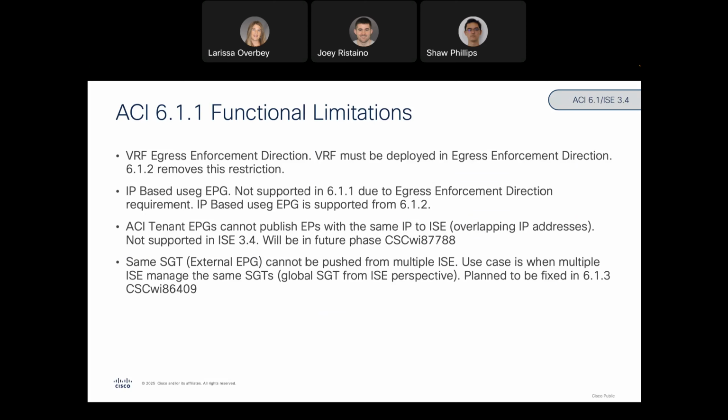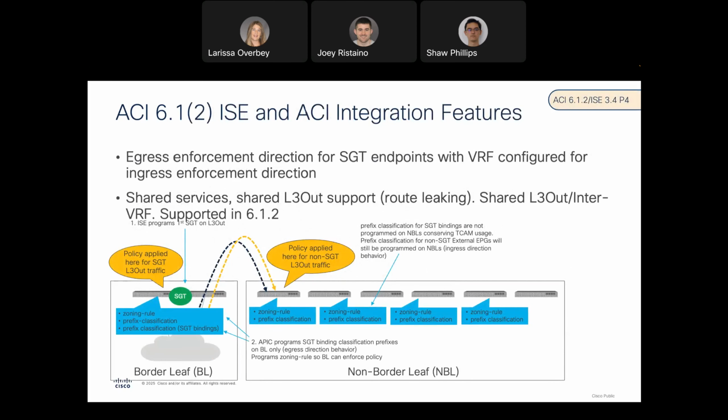And you'll need to have different SGTs if you're leveraging multiple ICE. And then we also had, with 6.1.2, we allowed shared services or shared L3 out support. So the APIC will program the SGT bindings, the prefixes for the classification, only on the border leaf, egress direction behavior.